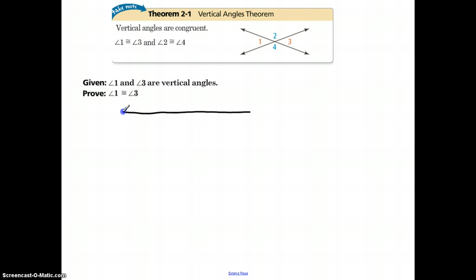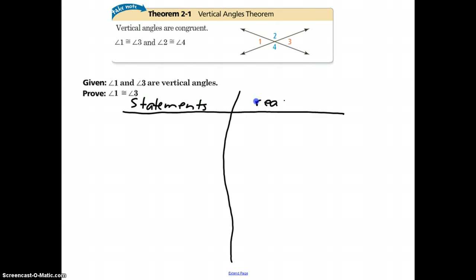Alright, now in a proof, what you need is you need to split your paper into 2 columns. The left column are called statements and the right column are called reasons. Alright, so you always start with your given statement, which is angle 1 and angle 3 are vertical angles.